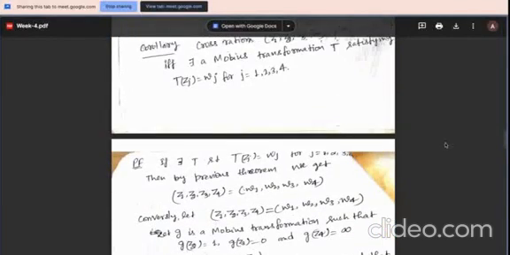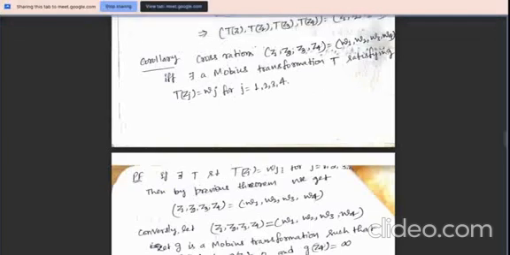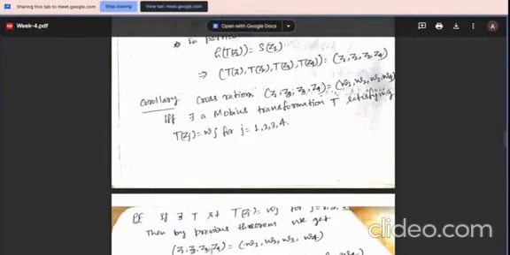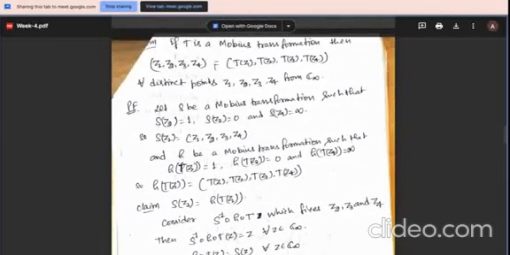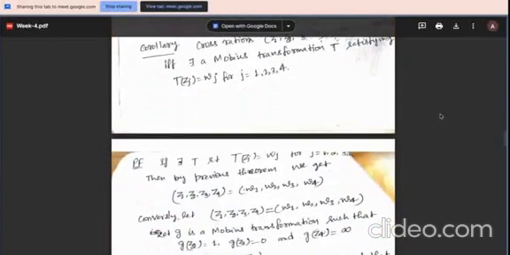If there exists a T such that T of zi is equal to wi, then by the previous theorem we get this. This part is quite easy.